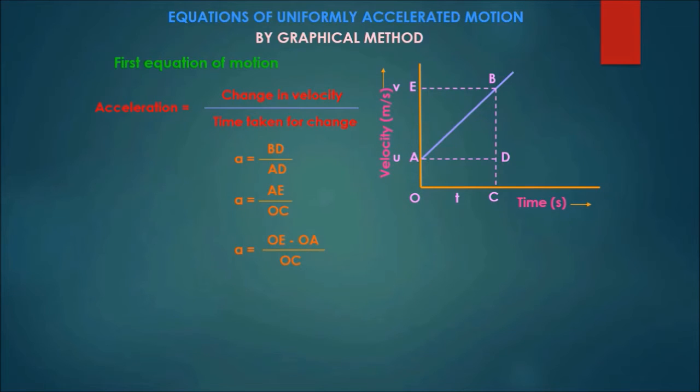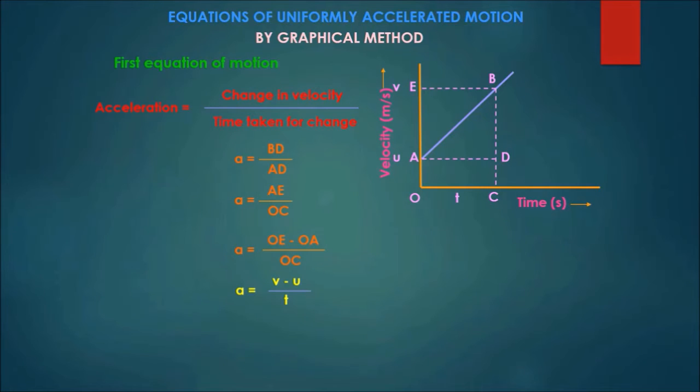AE can be rewritten as OE minus OA. Now we can substitute it with values of velocity. A is equal to OE is final velocity, which is v, minus OA is initial velocity, which is u.